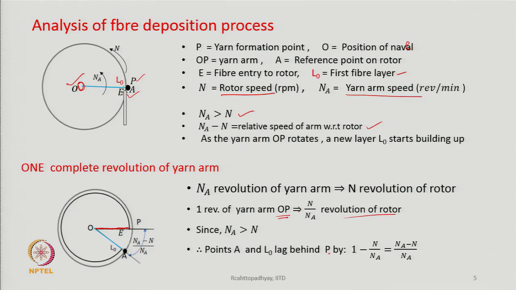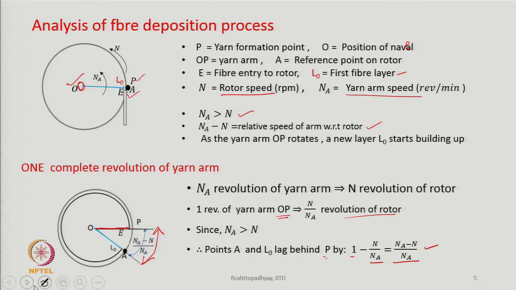So, they will lag behind P how much? 1 minus N by N A, that is N A minus N by N A. That is what is shown here, from here to there. This is the lag in terms of revolution. So, point A is lagging behind point P by N A minus N by N A revolution.